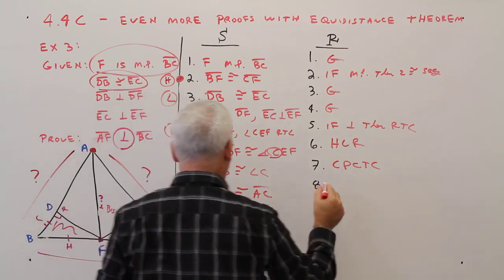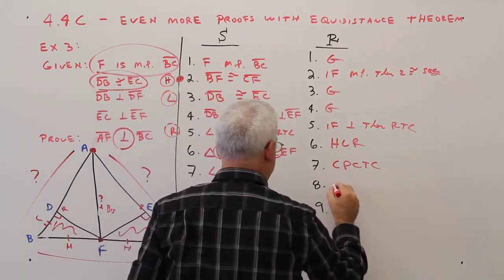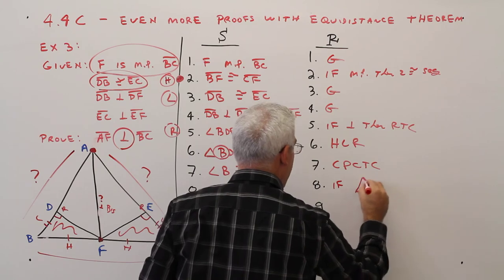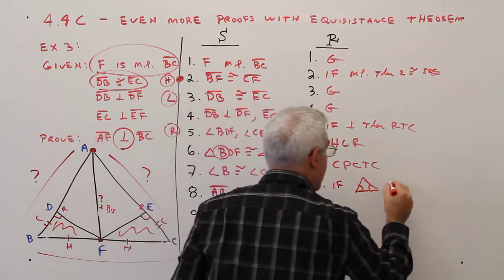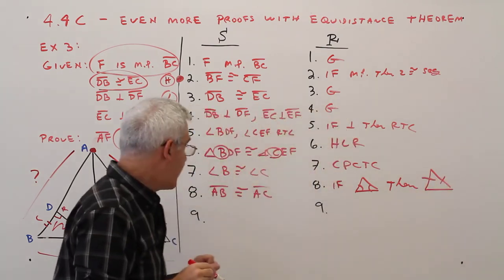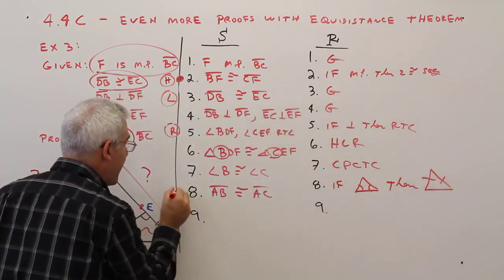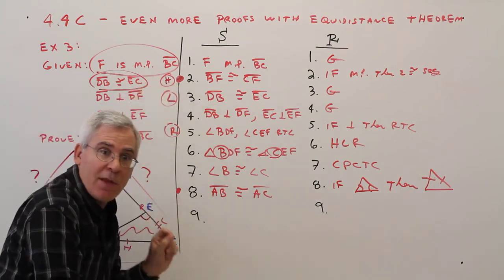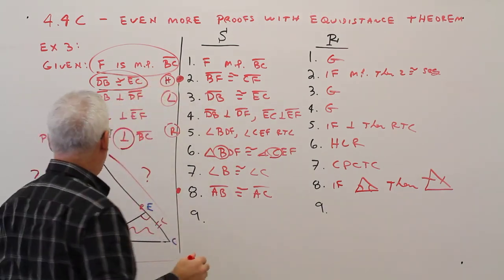Okay, so for part 8, that was if angles, then sides. And I get credit for another equidistant point. I'd like to put them there. Now I'm ready to go.